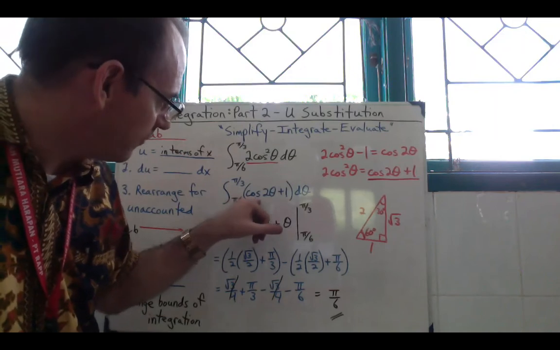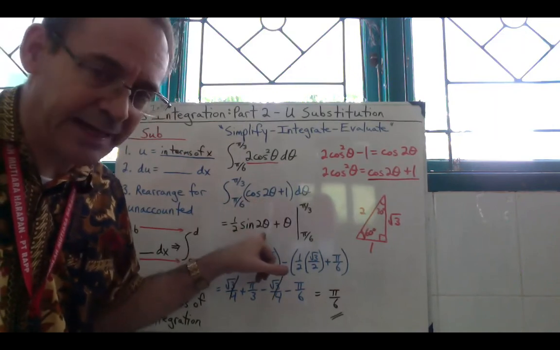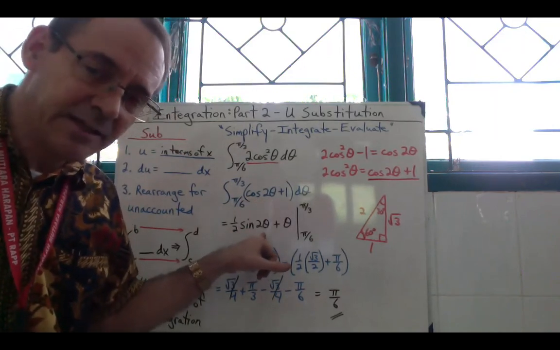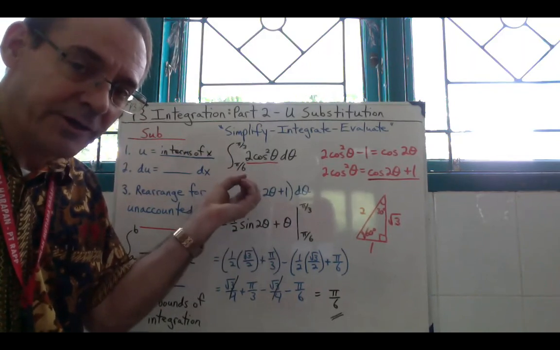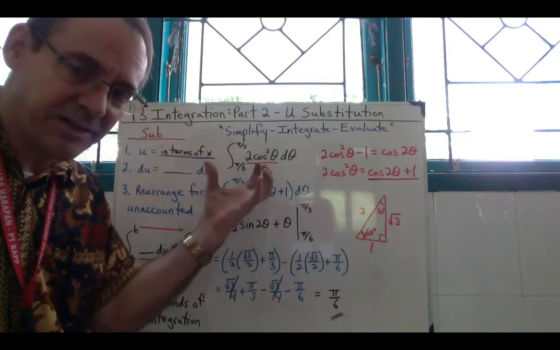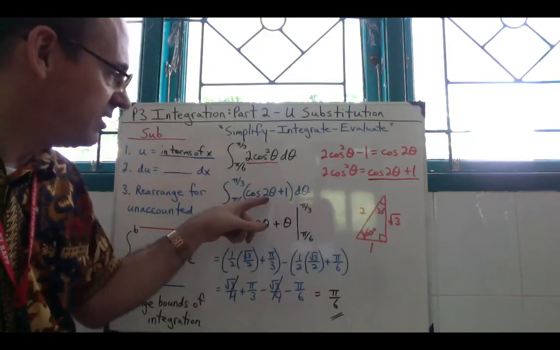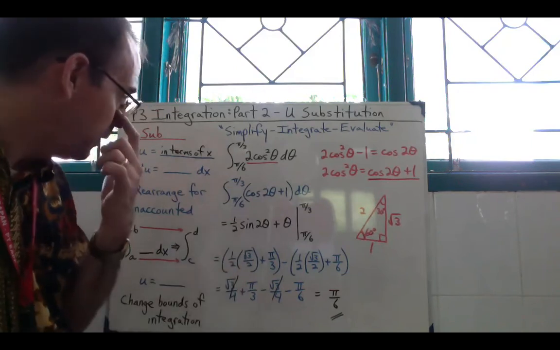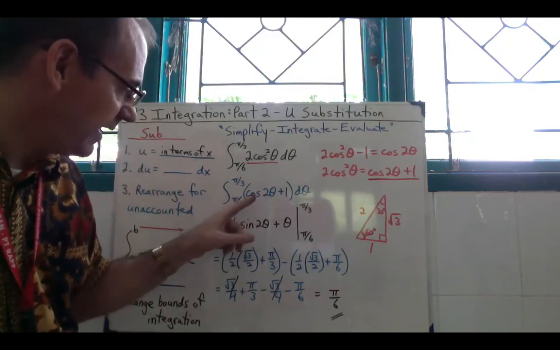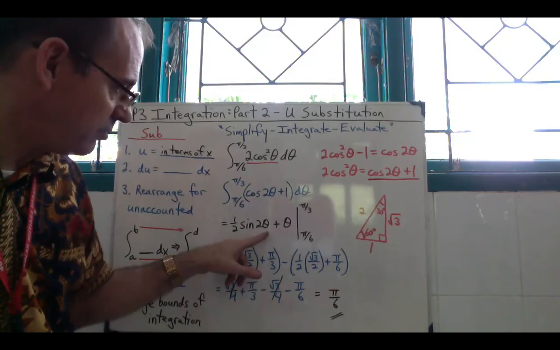The integral of cosine is sine, and don't forget, because this is expanded form, your argument is expanded, so you need to divide by the derivative of the argument. The integral of cosine is sine, so you get sine 2 theta.